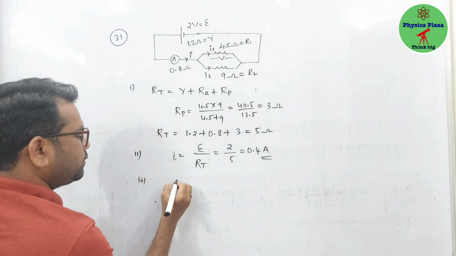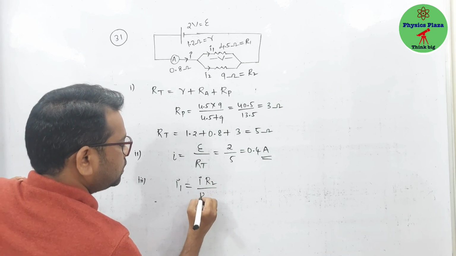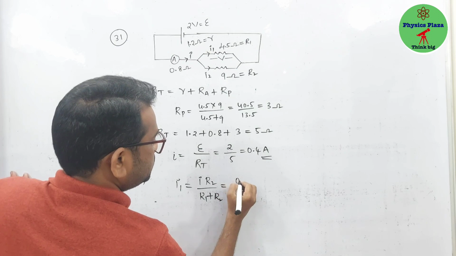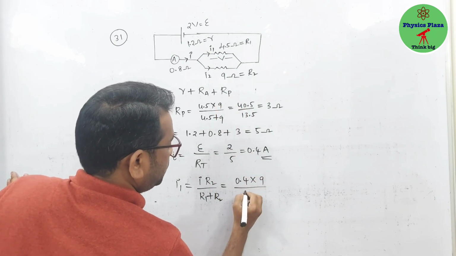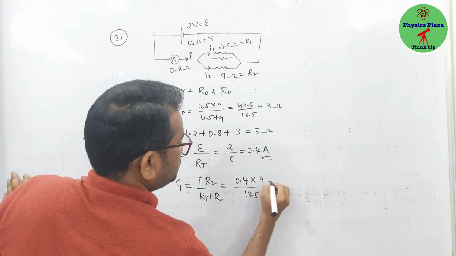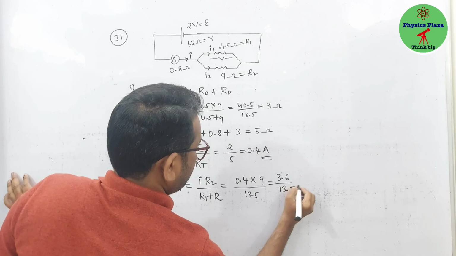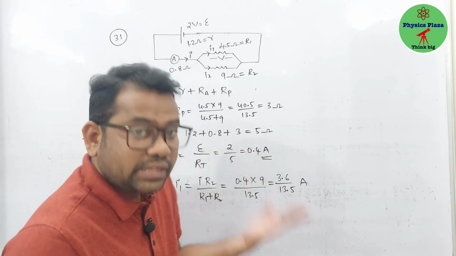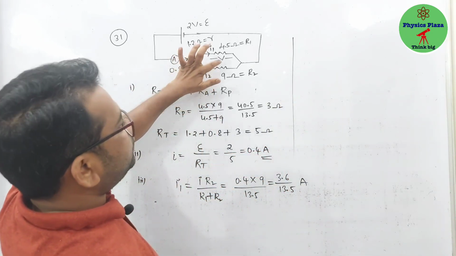So then I1 is equal to, children, we have the formula I into R2 by R1 plus R2. So I is equal to 0.4 and R2 is 9 by 13.5. So this will be 3.6 by 13.5 ampere. Children, don't simplify this. I will tell you why. Of course, you can simplify, but it will become too complicated. So look here. Now we need to calculate the V value, right?